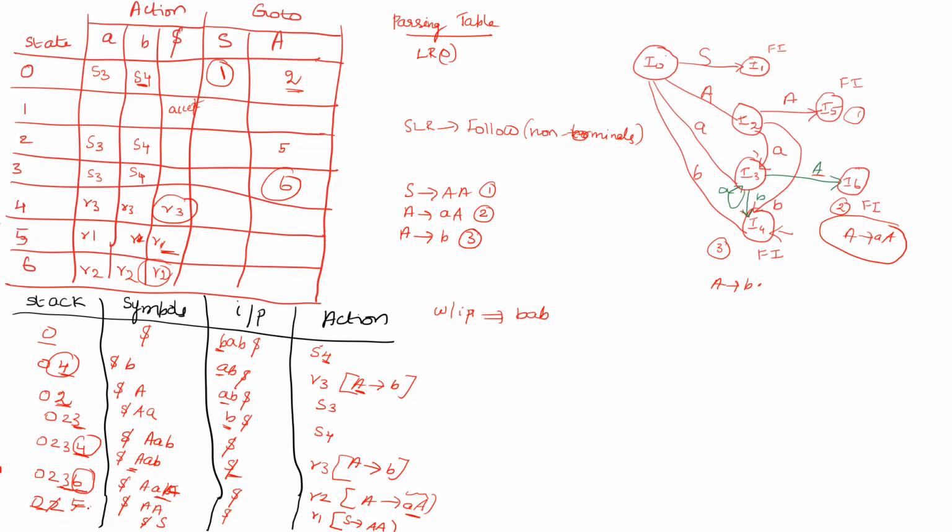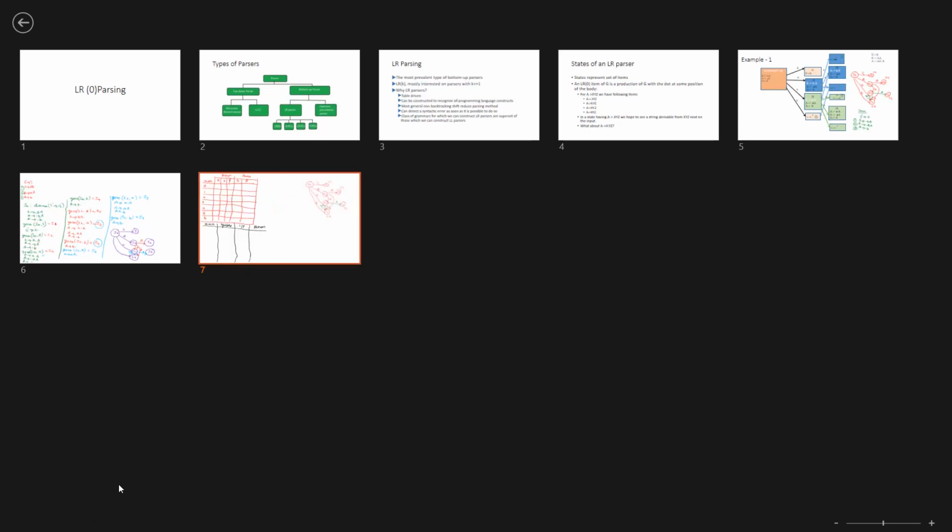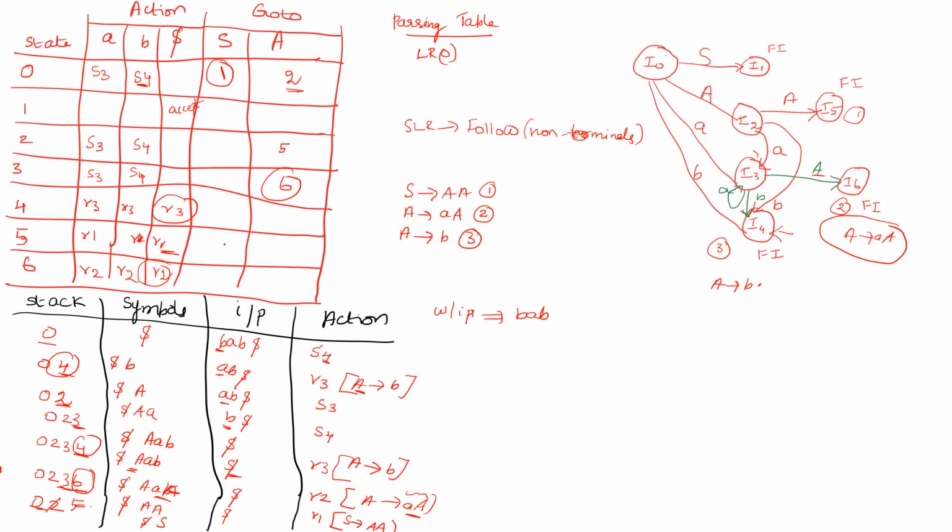So now it becomes 0 1 2. Now I'll write it here, so you'll be having 0 1, and in the symbol stack what we have is S, and here this is dollar symbol.